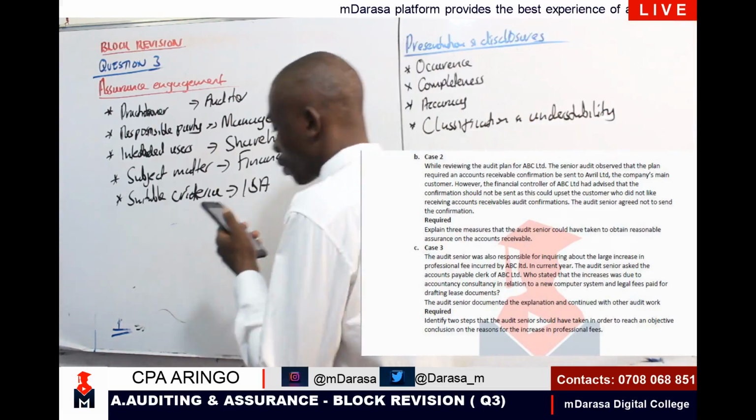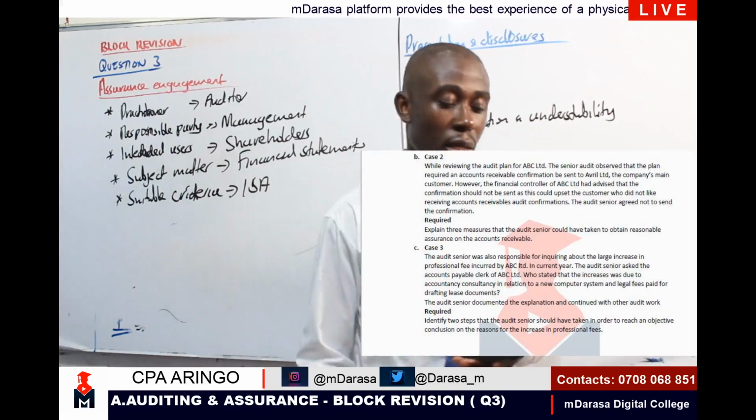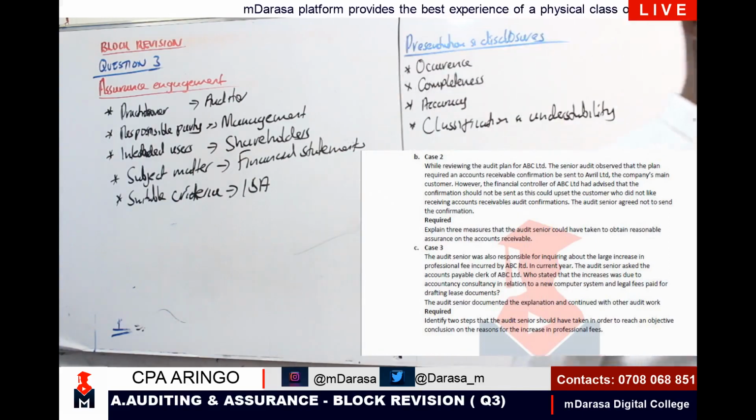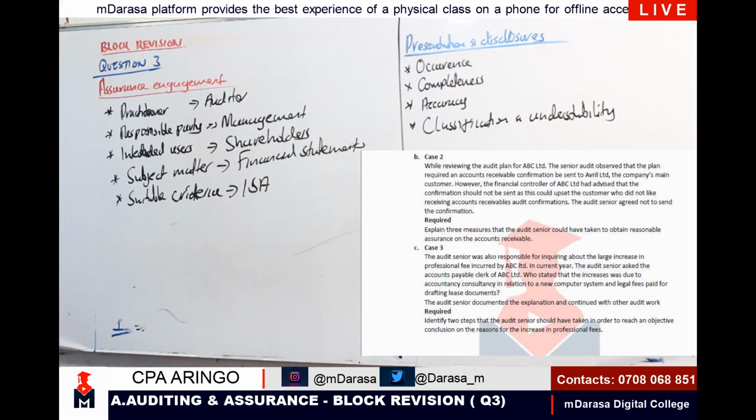Then, after we've talked of that, that should take us to case C. Look at case C. What are we told in case C? Case 3, we are told that the audit senior was also responsible for inquiring about the large increase in professional fee incurred by ABC Limited in the current year.